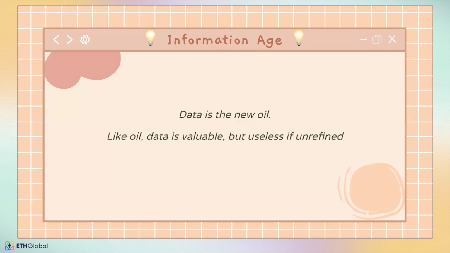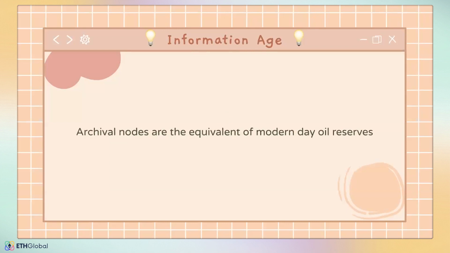But going back to the original point, we are living in the information age. Data is the new oil, but like oil, data is valuable but useless if unrefined. In my opinion, archival nodes are the equivalent of modern day oil reserves. Think of all those Uniswap trades, all those Uniswap V3 strategies, all those positions on Aave, long, short, delta neutral, all that yield farming you've done.